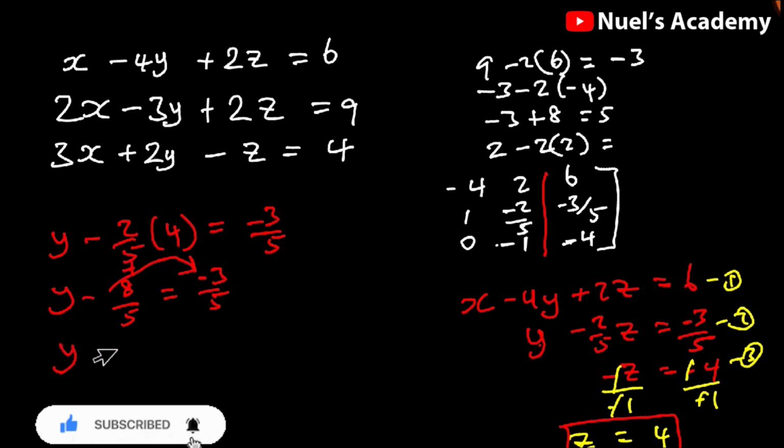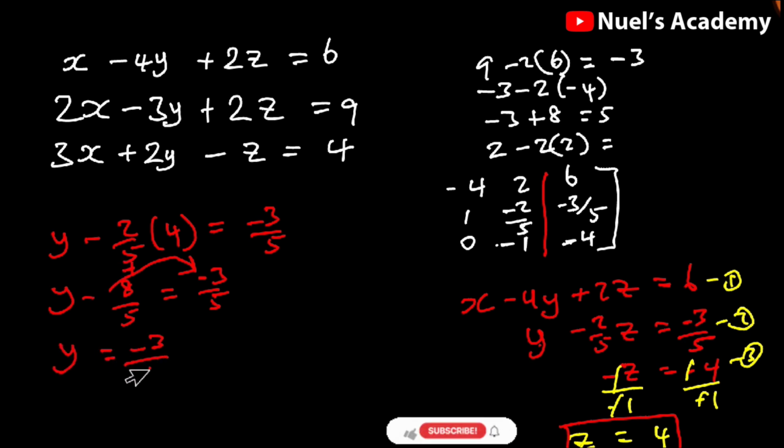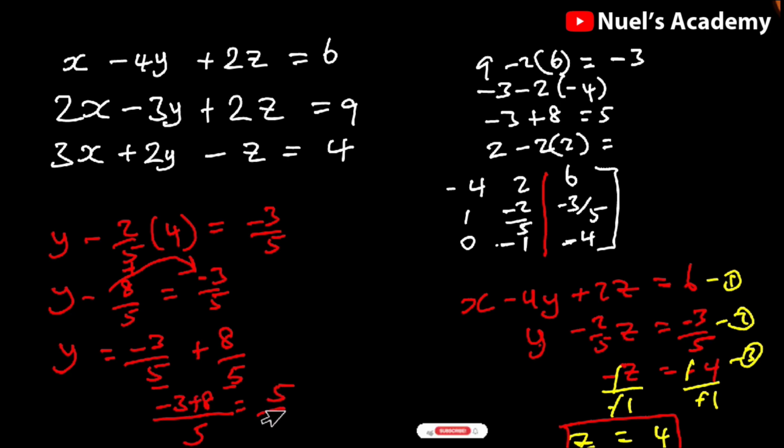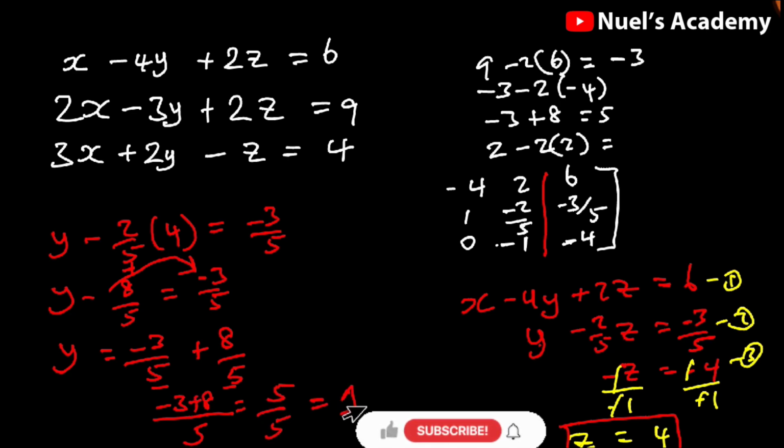We have y is equals to minus 3 over 5, then plus 8 over 5. Since they have common denominators, we just add the numerators. So this is minus 3 plus 8, which is 5, then over 5. This is equals to 1. So we have that the value for y is equals to 1.